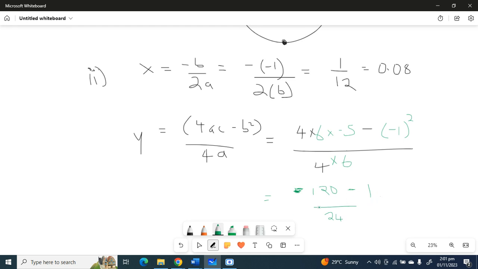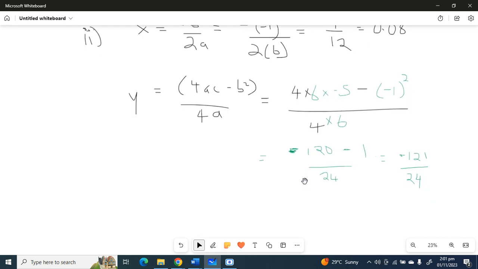So negative 120 minus 1, that's negative 121 over 24. Remember, negative and negative is not positive. It's like on the number line, you're moving further to the left on the negative side. So negative 121 over 24.